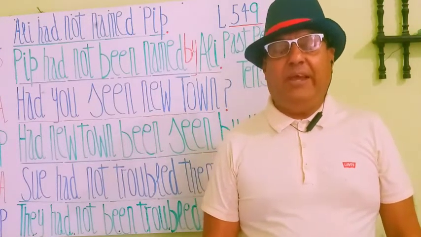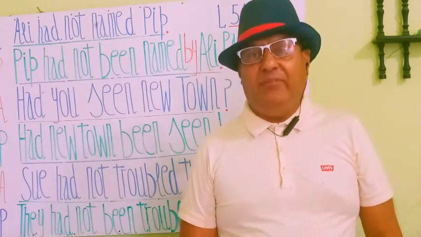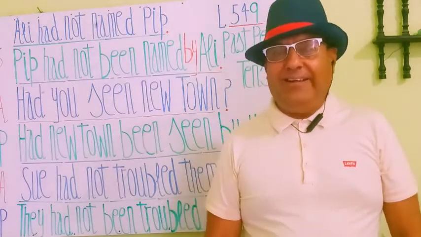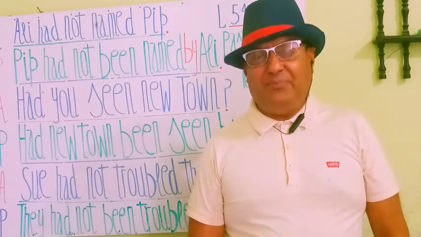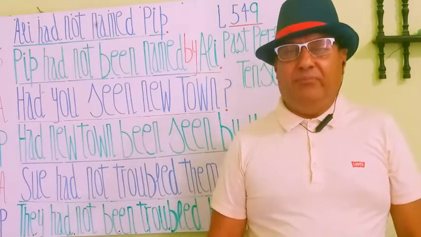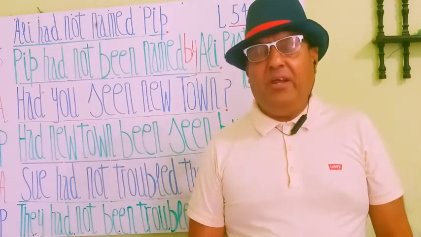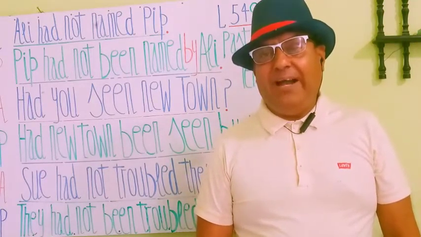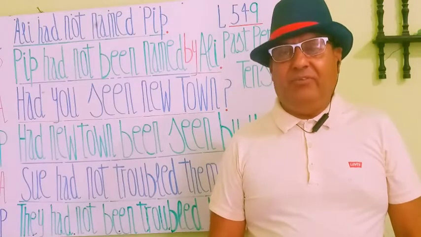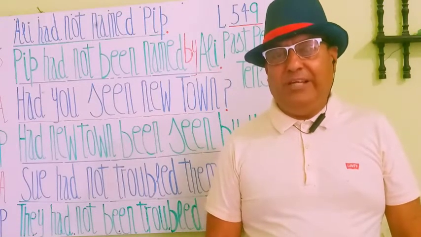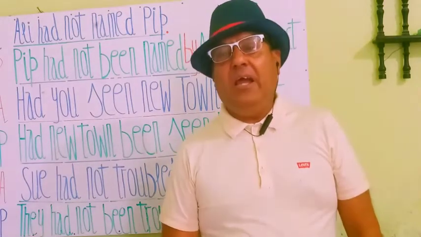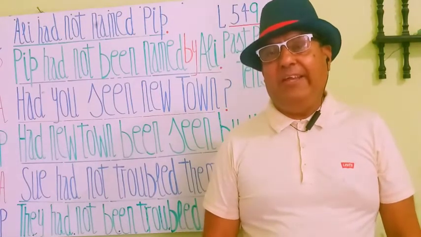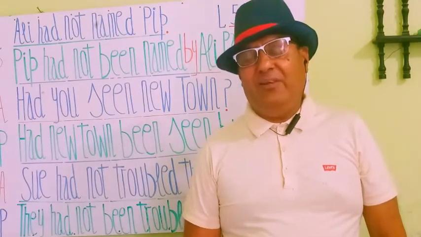As usual we have Newtown as a subject and we will write had for past perfect tense, then been will be added for passive, and the third form seen, and connecting word by, and then in the end we will write you as an object. So the new formation is: Had Newtown been seen by you?